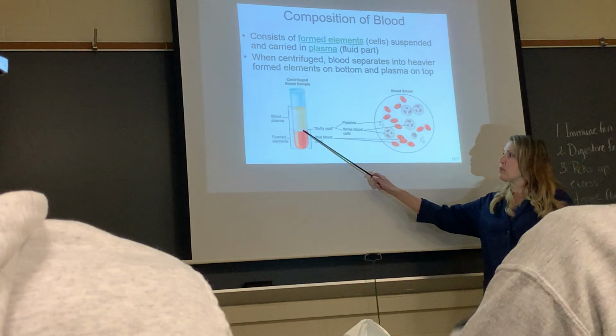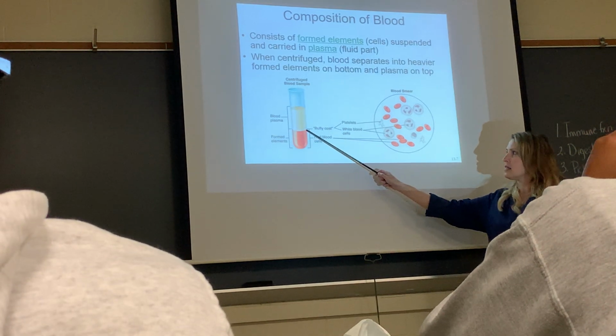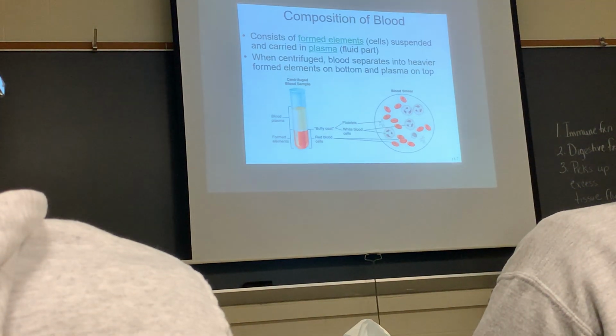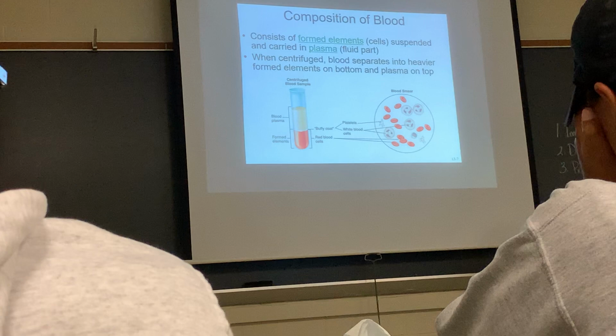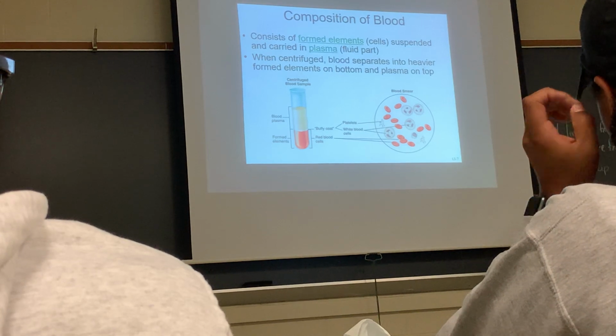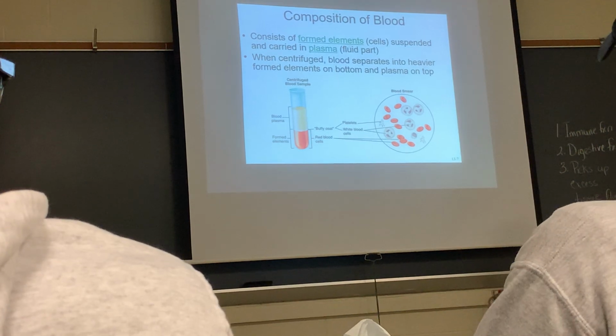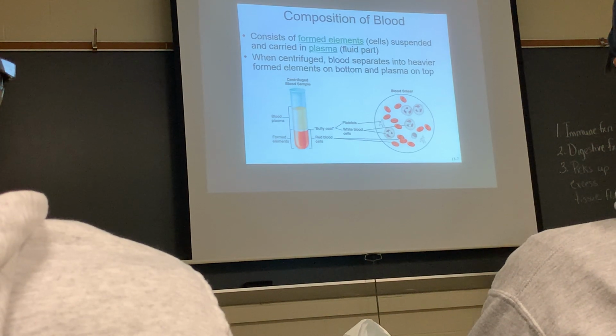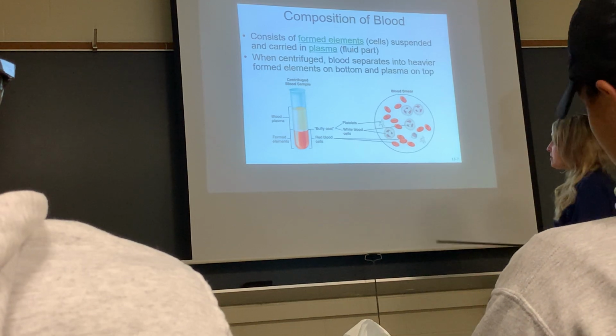Then the next heaviest component is very, very thin. It's known as the buffy coat. It's like a little thin white layer, and it's so small. But this white layer is going to be all of your white blood cells and platelets, which make up less than 1% of the total components of blood.